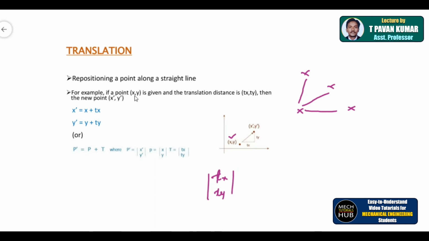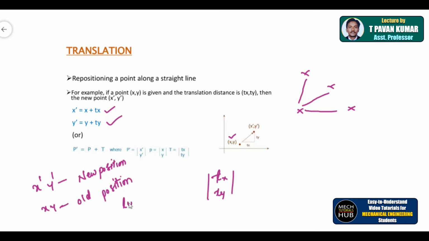Based on this xy, x prime y prime and tx ty, a simple formula is formulated. Have a look at it. X prime y prime is the new position, nothing but the position after translation. Similarly, xy is the old position or coordinate.